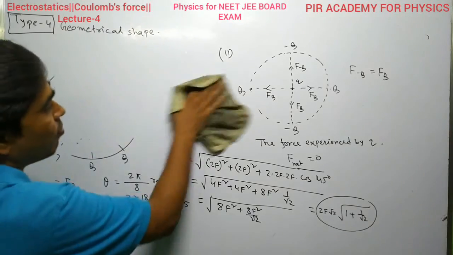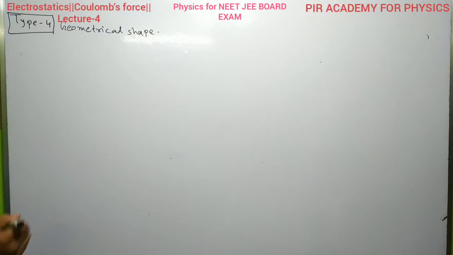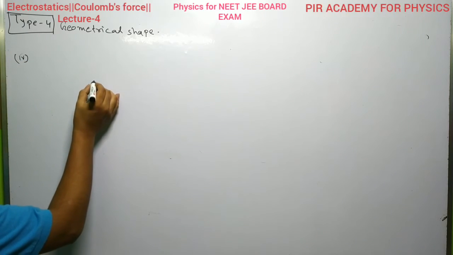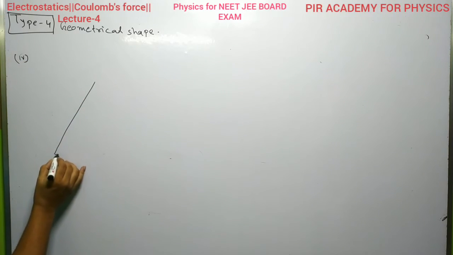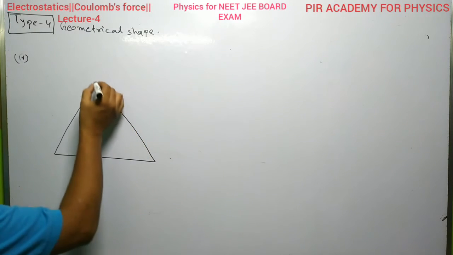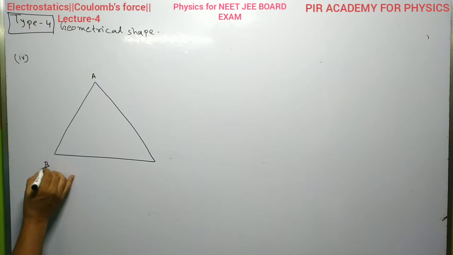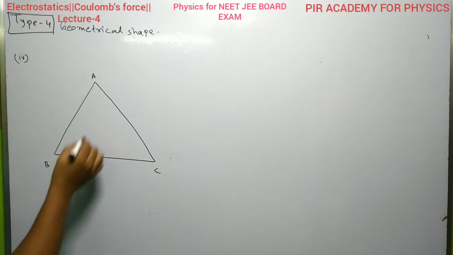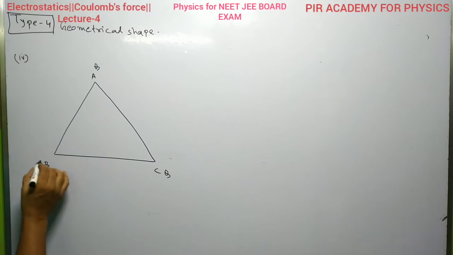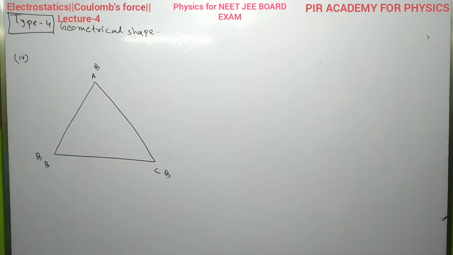Now, number 4. What will be number 4? Suppose this is an equilateral triangle. This is A, this is B, this is C. Here is charge Q. Suppose all the charges are plus.